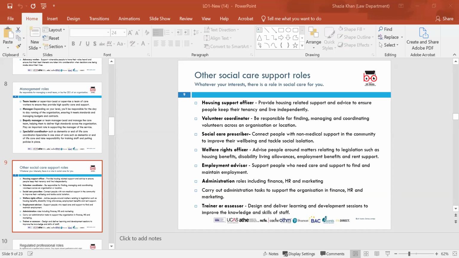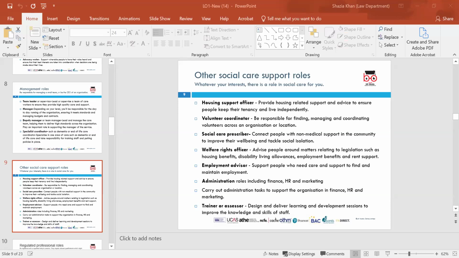Employment advisor is someone who will help someone get back into work, support them, talk about assessing any sort of skills, provide a range of different services for adults with learning disabilities, supporting people with CVs and getting back into work. You have an administration role, which would be to carry out any sort of admin.